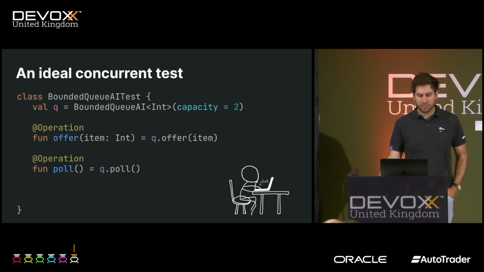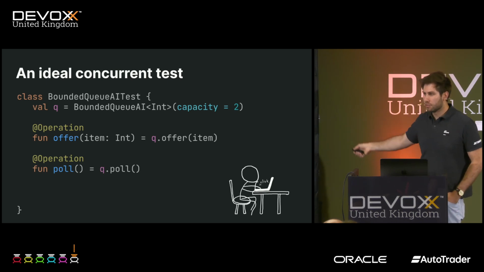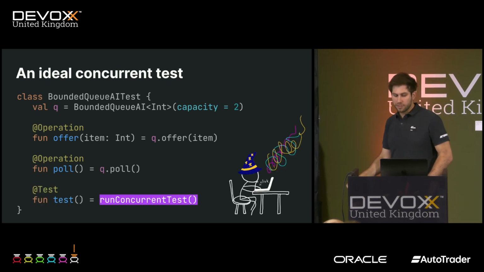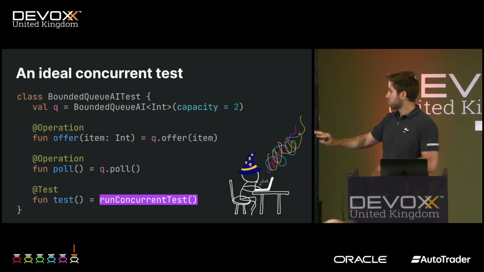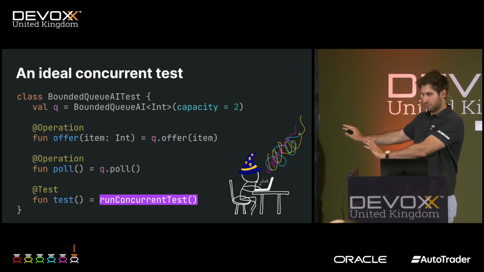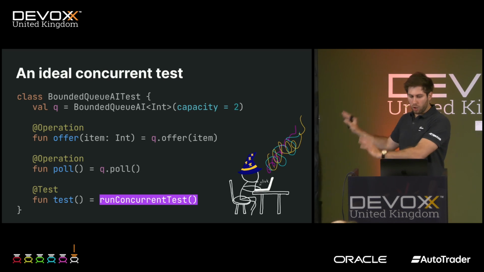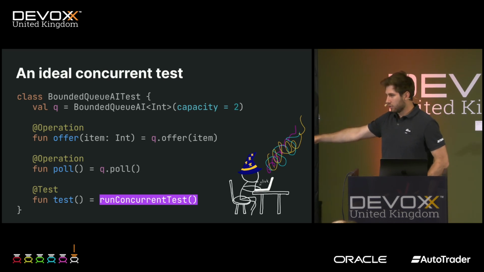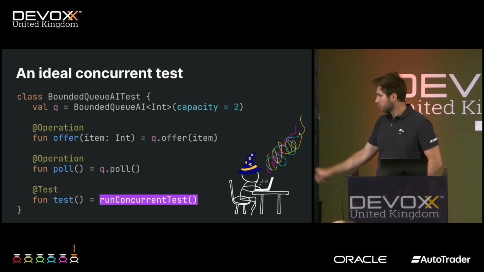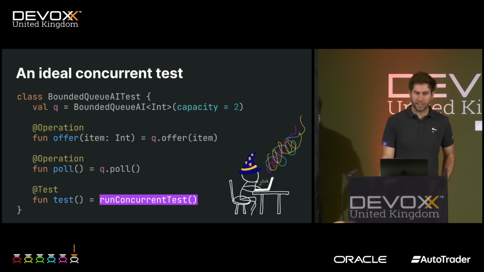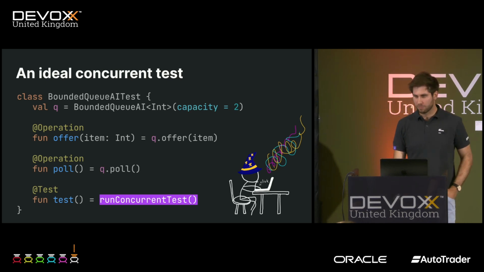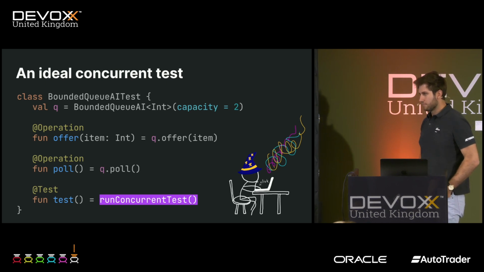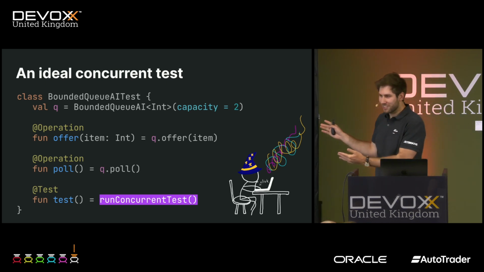I want to test offer and poll operations, and then run just some magic button and say, test it. And then I want this run concurrent test to tell me whether this implementation is correct or not. Do you want such a framework?